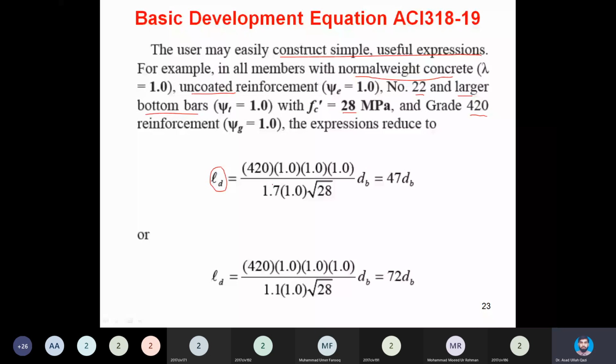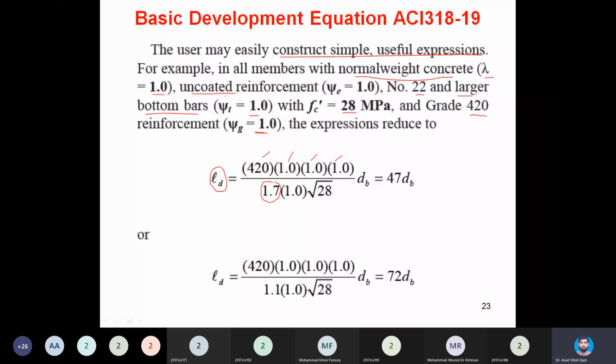Since grade is 420, location factor, coating factor, grade factor, all are 1 because bars are bottom. So the fresh concrete below the bar is not greater than 300, so psi t will take 1. Grade is 420, so psi g is 1. It is normal weight aggregate concrete, so the lambda is also 1. Bar is uncoated, so psi e is also 1.